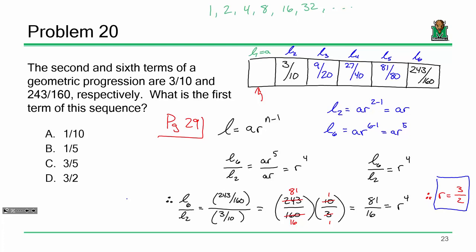243 over 160. So, how am I going to get back to the first term? What do I need to do? And if I divide, what's my pattern going to give me? Like, what does my numerator keep doing? My numerator keeps increasing in factors of 3. So 3 divided by 3 is going to be 1, right? What's going to happen to my denominator?